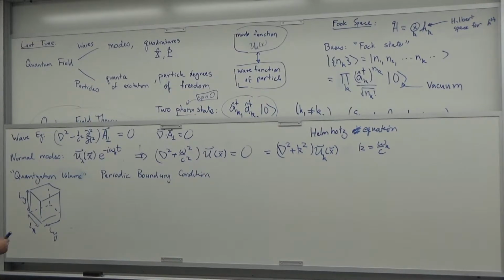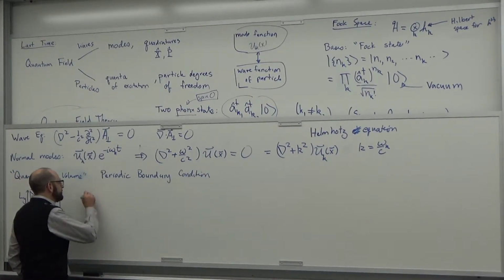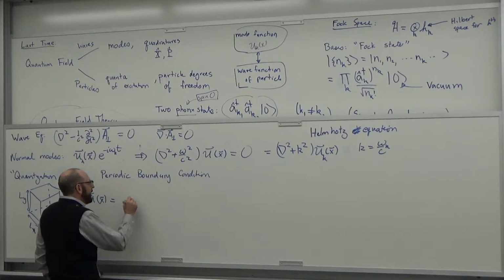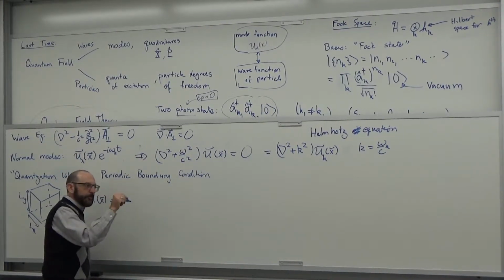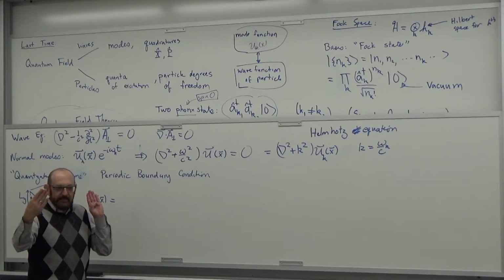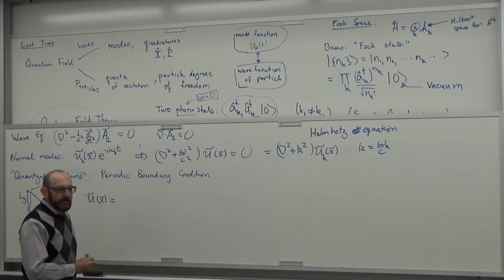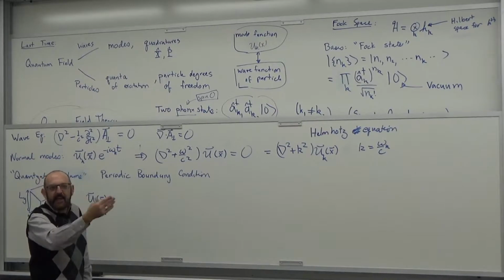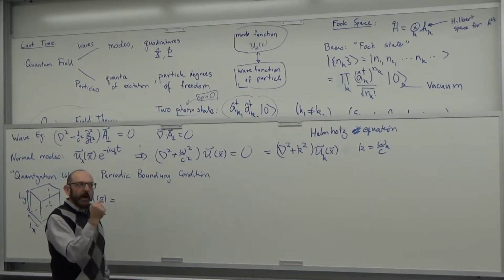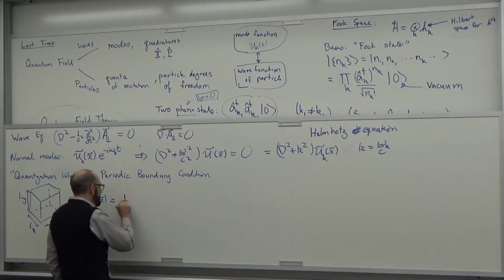So, with that said, what are my normal modes? Well, now I write them in terms of, remember we had 1 over the square root of length times e to the i k x, and we had the 1D periodic boundary condition. But now I have e to the i k x with a certain component of the wave vector along x, y, and z. So I can think about this in the following way.